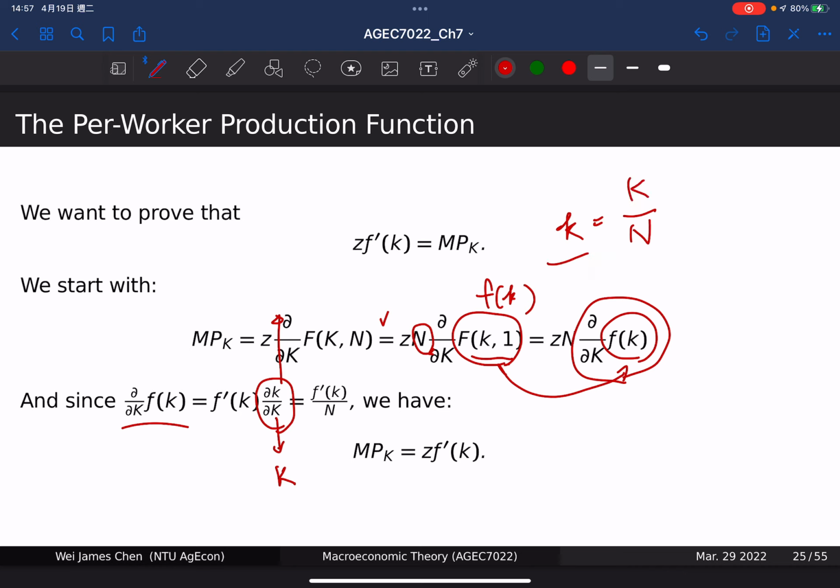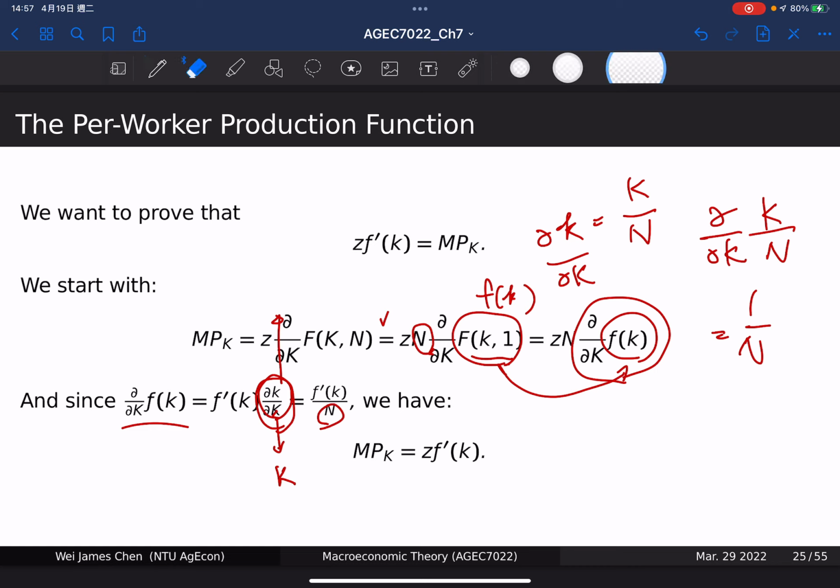So the partial derivative of k with respect to K is just 1 over N, sorry, 1 over N. And so the whole thing should be f prime k divided by N.